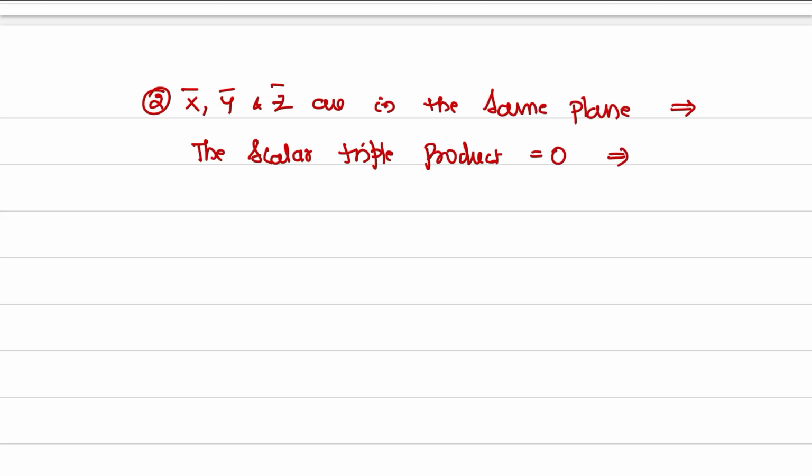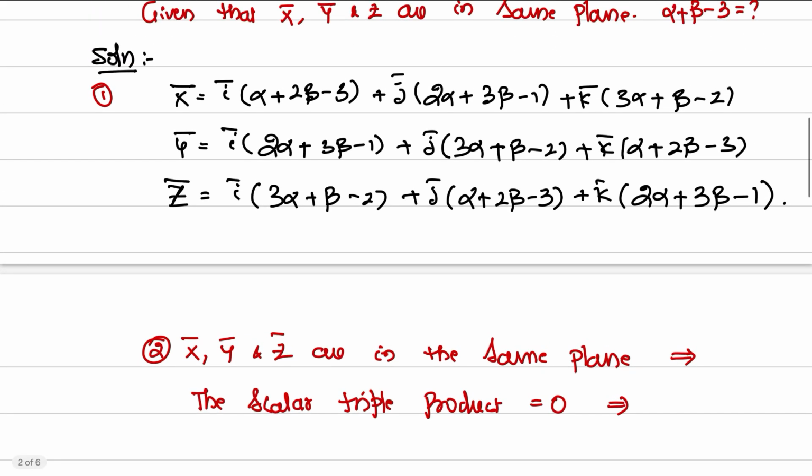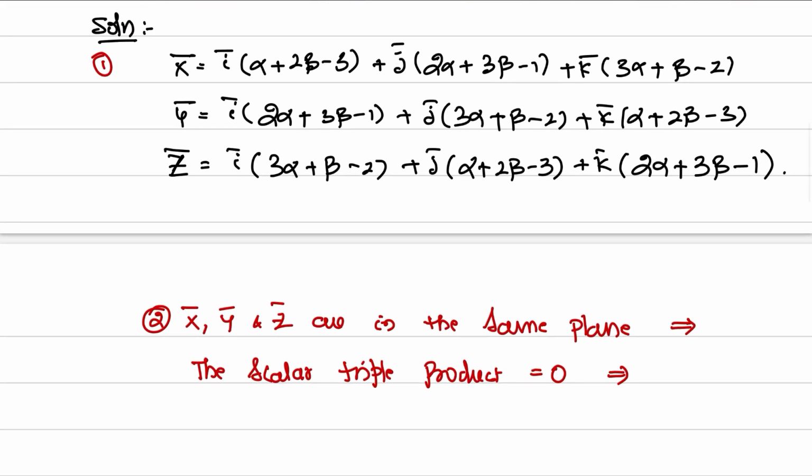That means the determinant of all this should be equal to 0.